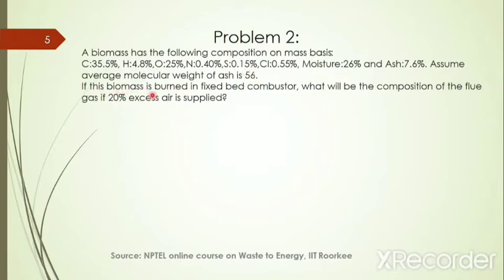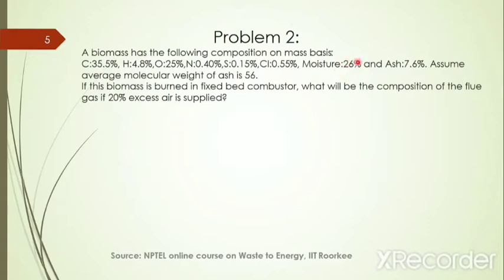If this biomass is burned in a fixed bed combustor, what will be the composition of the flue gas if 20% excess air is supplied? This is the difference between this problem and the previous one. Here we have more elements. In that one we had only carbon, hydrogen and oxygen. Now we have a small amount of nitrogen, sulfur, chlorine, and also moisture.